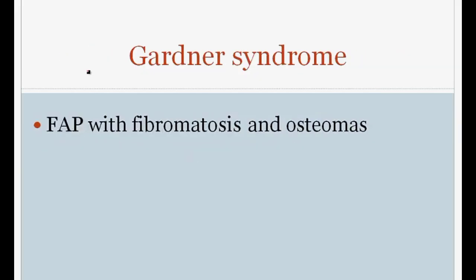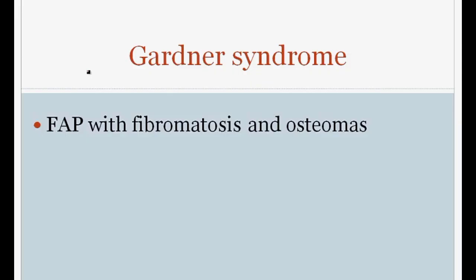Now, patients who have familial adenomatous polyposis can sometimes have some associations with it, and that would change the name of the disorder. And so, for example, if the patient has familial adenomatous polyposis and also has fibromatosis and osteomas, then that would be called Gardner syndrome. Fibromatosis is a non-neoplastic proliferation of fibroblasts, usually arises in the retroperitoneum, and it's locally destructive.